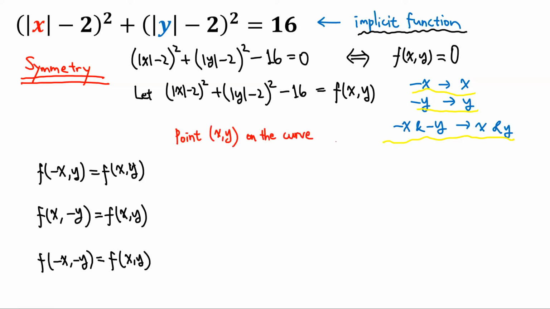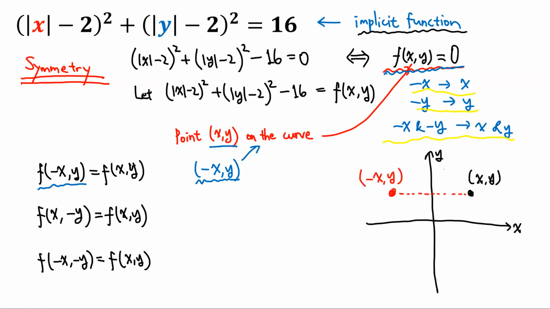Now, if point (x, y) is on the curve, then it satisfies this equation. Then the first expression means that point (minus x, y) also satisfies the same equation of the curve. So for every point (x, y) that is on the curve, point (minus x, y) is also on the curve.